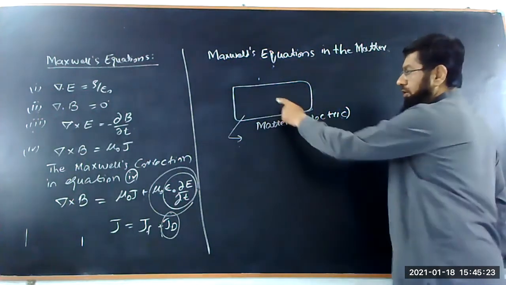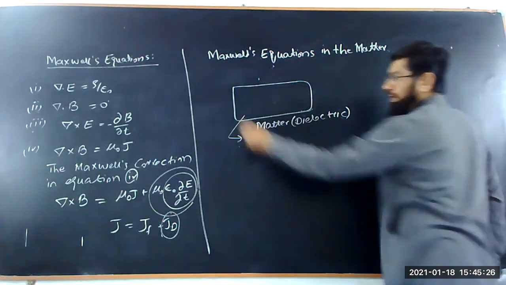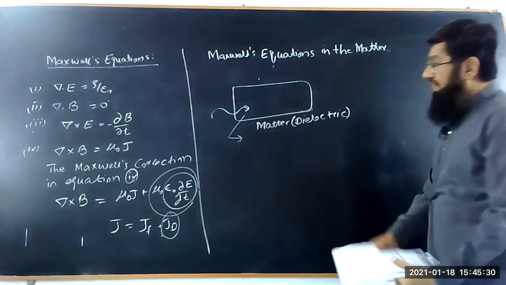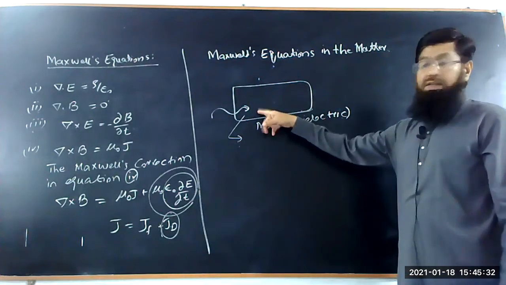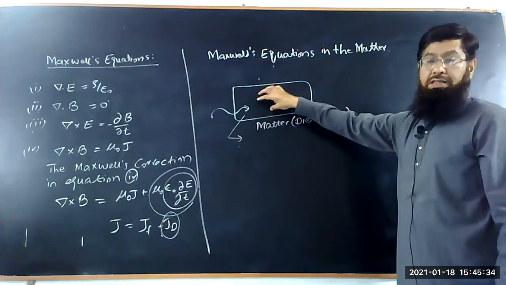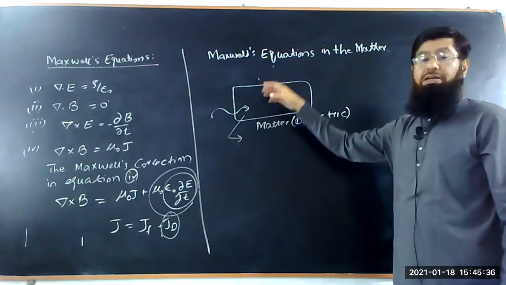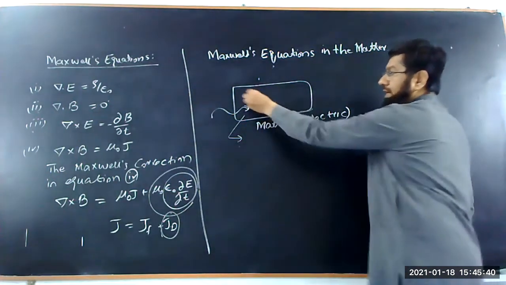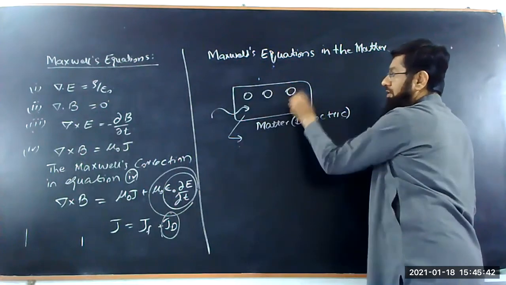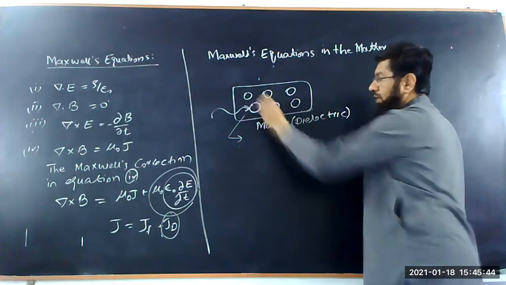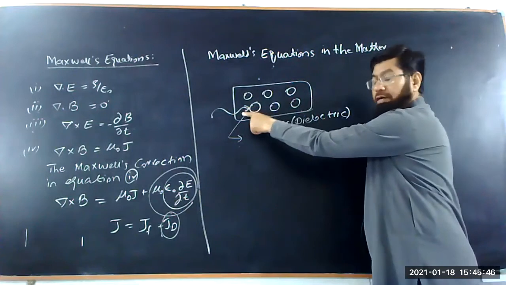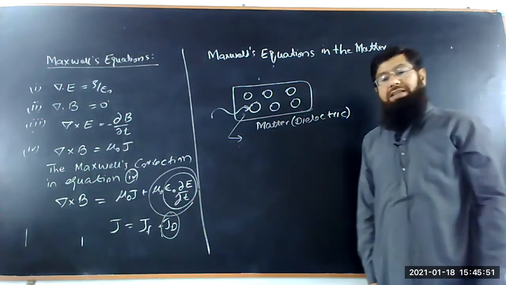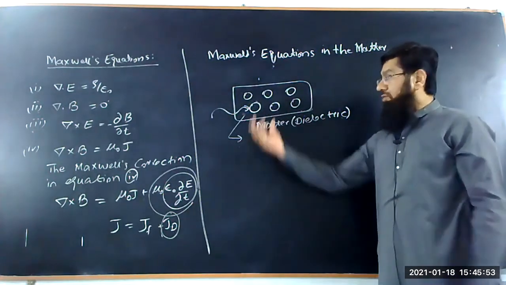When the electromagnetic waves pass through the matter, as a result of the electric field, this matter gets polarized, and we call it electrical polarization. It means if we have atoms like that, here we have atoms, where the electric field of the electromagnetic waves interacts with the atoms. As a result, the atoms get polarized.